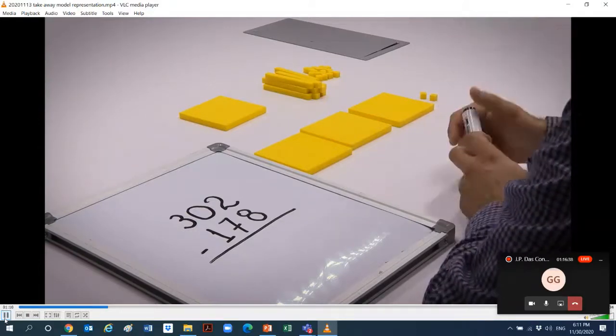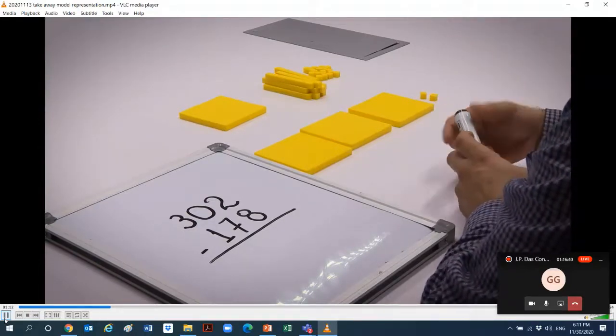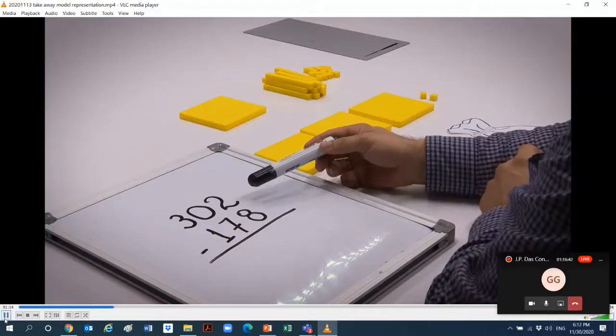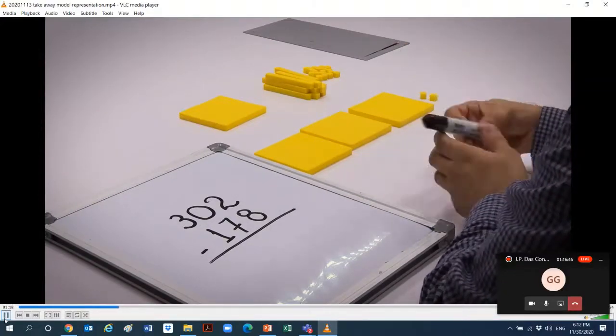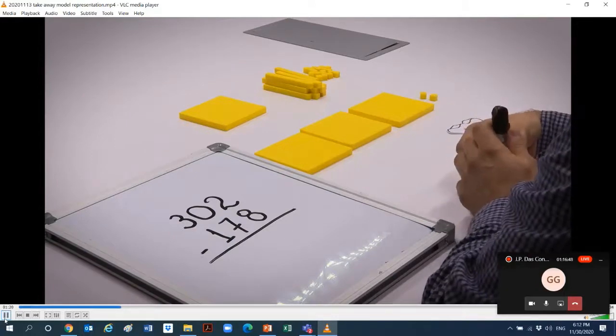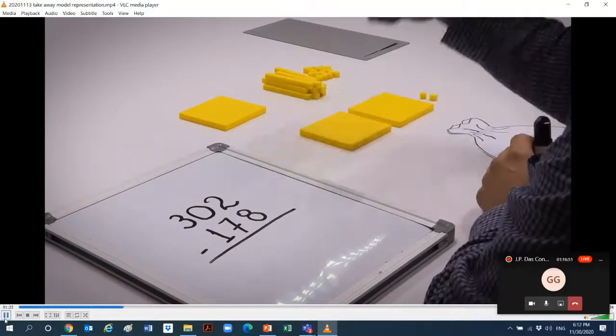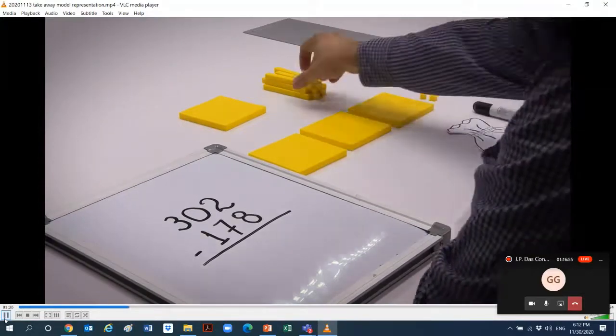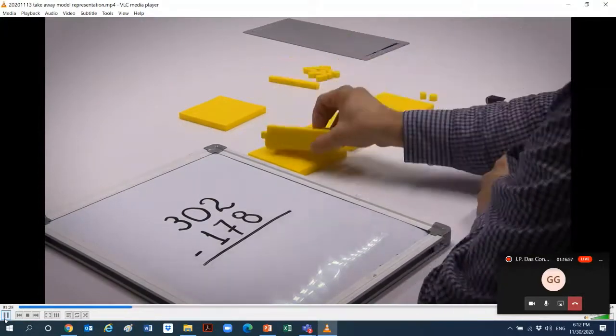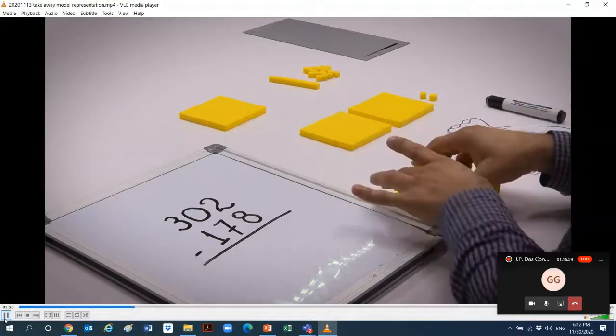So what I'm going to do right now, I'm going to need some more little cubes, and I know that there are little cubes actually in the rod, but I don't have any rods. So I need to trade 1 flat with rods, and let me see how many rods I'm going to be using. Let me place some rods on this flat here.